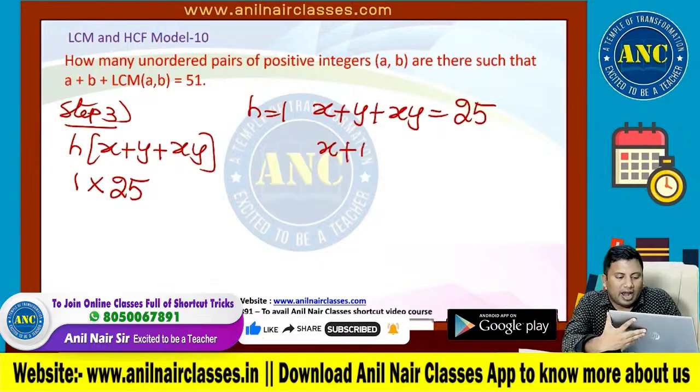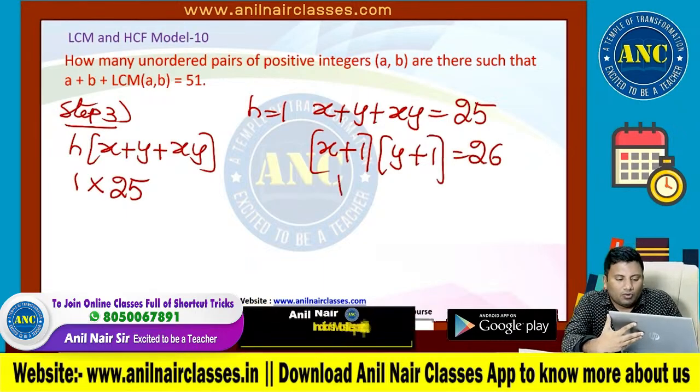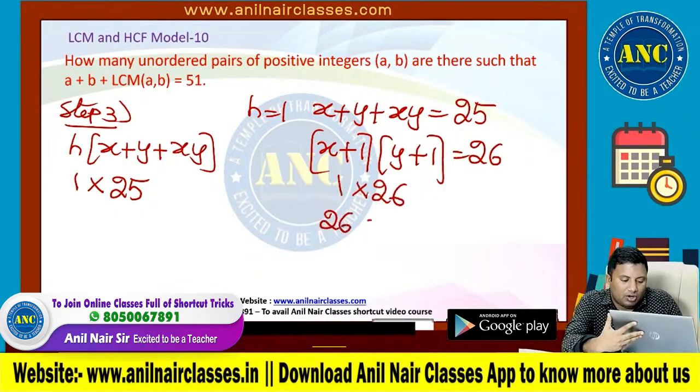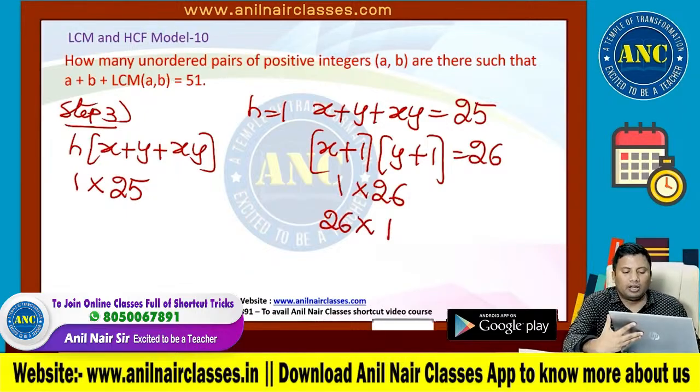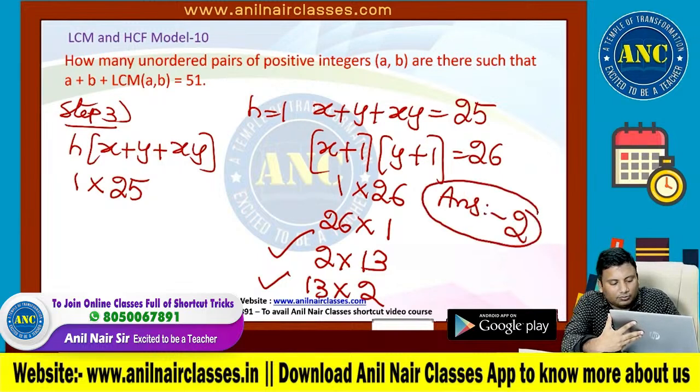Adding 1 on both the sides, X plus 1 into Y plus 1 is 26. 1 into 26, X will be 0. 26 into 1, Y will be 0. 2 into 13, possible. 13 into 2, possible. I got 2 cases, which is this case and this case.